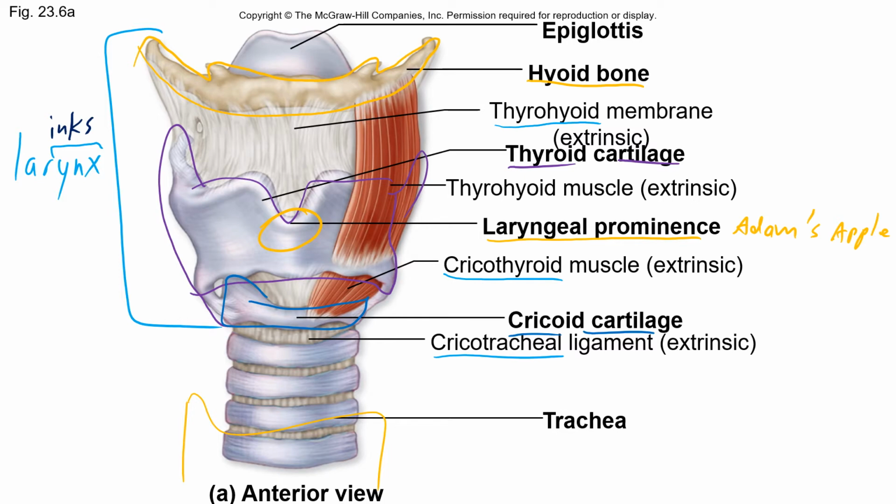The cricothyroid ligament is famous for being the easiest place to stick a tracheostomy tube if something has permanently or semi-permanently lodged in the larynx, and you need to get air into the patient's lungs, and you can't clear the larynx for some reason. Maybe the larynx is collapsed or something. You can poke a hole in this spot here and thread a tracheostomy tube down into the trachea and feed air past whatever blockage there is and get it into the patient's lungs.